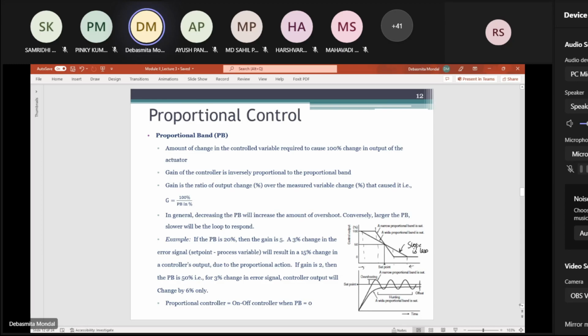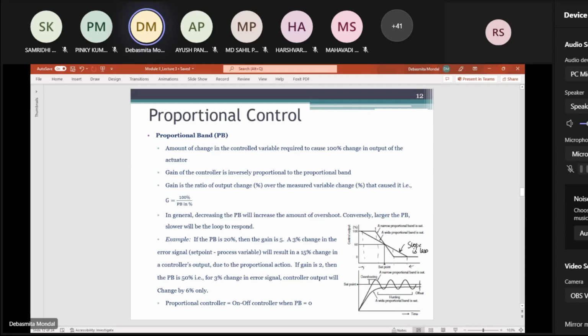In this figure, you have a set point, and if the proportional band is narrow, or you have a higher gain of the proportional controller, then the signal goes like this. There is an oscillating signal in the control output; there is an overshoot.